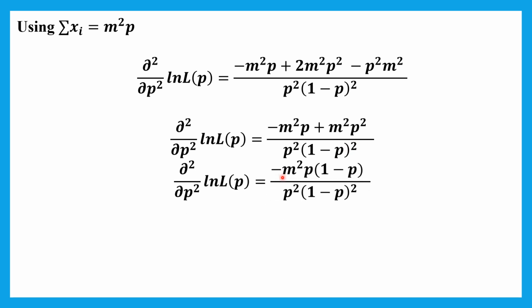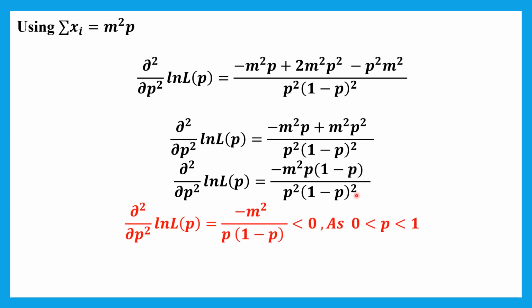Taking minus m square p common, we have 1 minus p. This 1 minus p will be cancelled out with the denominator. We will get minus m square p into 1 minus p, which is less than 0 because the range of p is 0 to 1 and m is a sample size which is always positive.